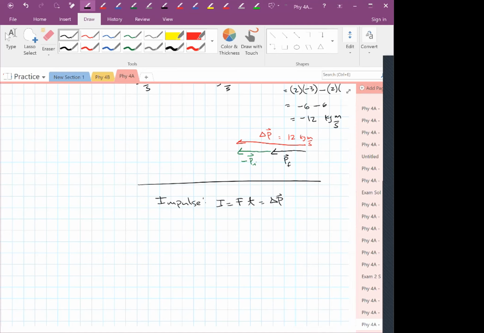So instead of it acting on it for a tenth of a second, if you can make it act on it for 2/10 of a second, you've doubled the effect of that force. Okay, that's the idea with impulse. Follow through.